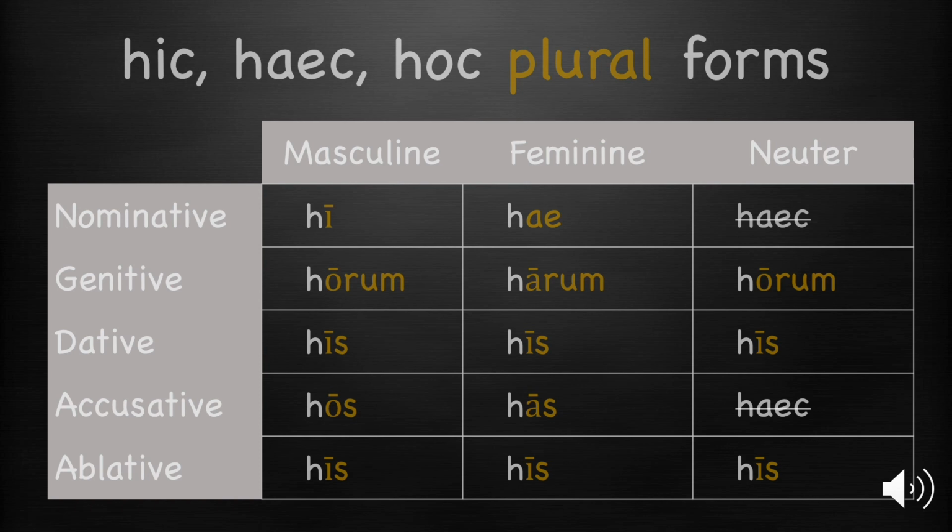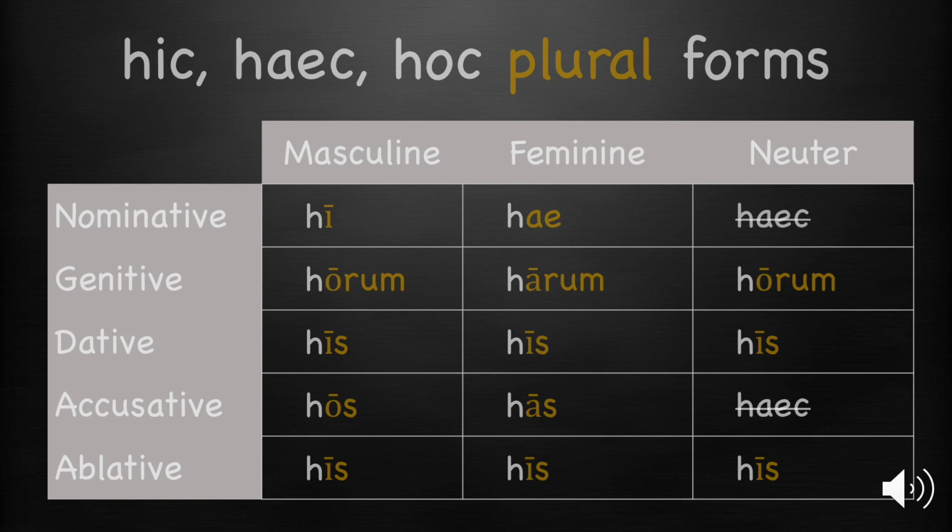When you notice this particular pattern, then you won't have to force yourself to memorize this entire chart. You simply need to remember the rule, put an H in front of the first and second declension endings, and then also remember that the neuter, nominative, and accusative forms are not a part of the pattern, and you simply have to memorize that the neuter, nominative, and accusative forms are haec.